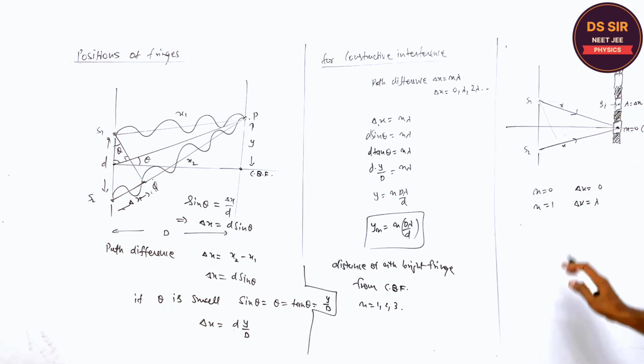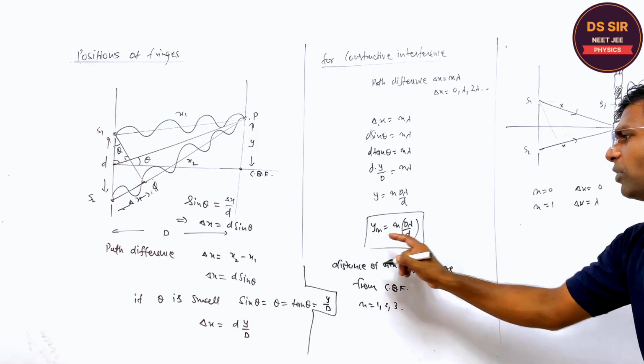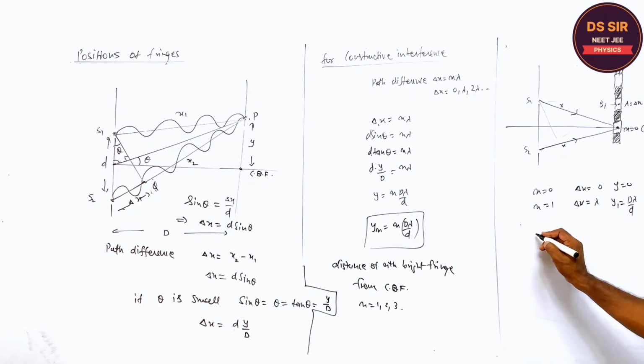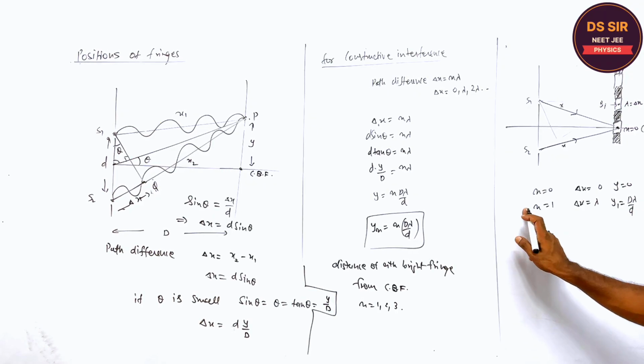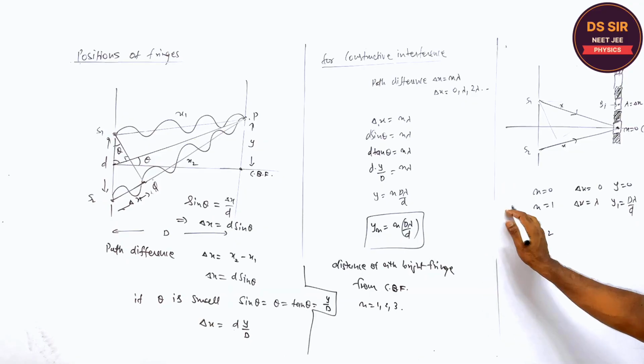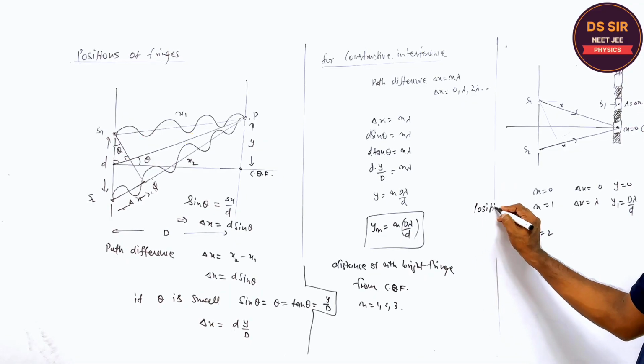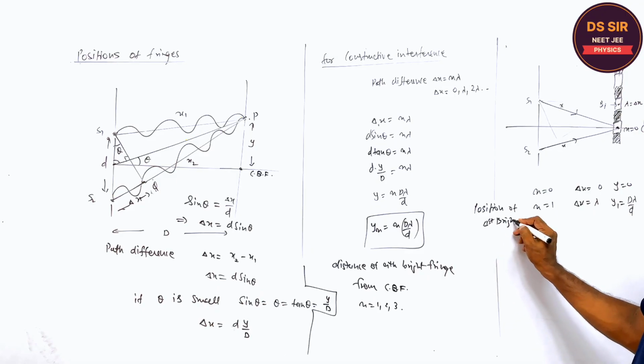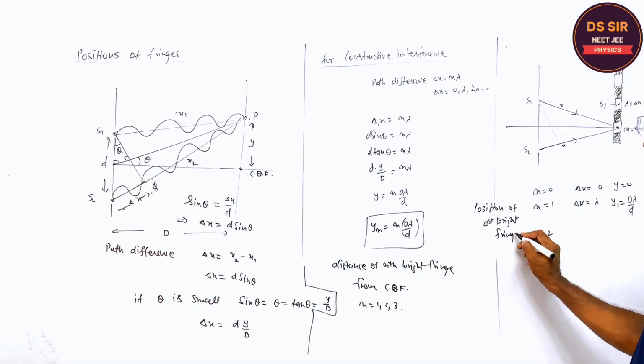Here y is 0, here the y1 is d lambda over d. In the same way, this is the position of first bright fringe. Is it clear?